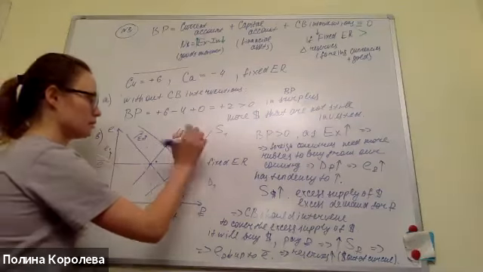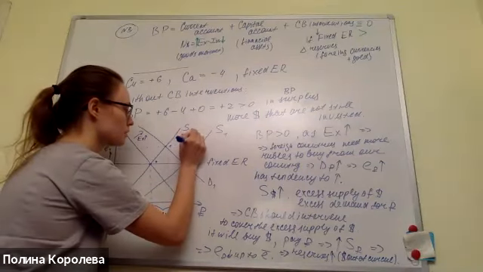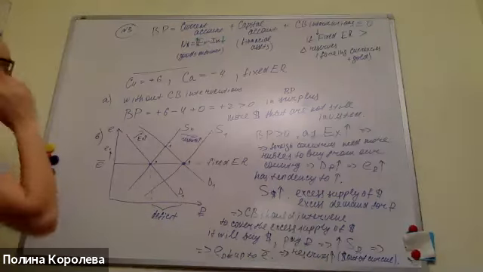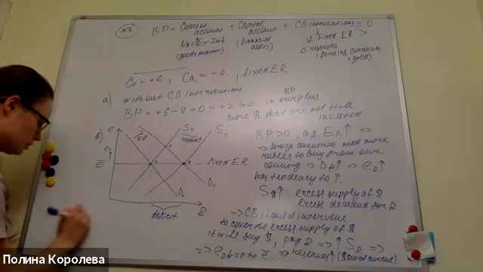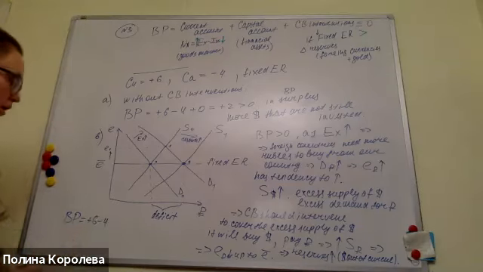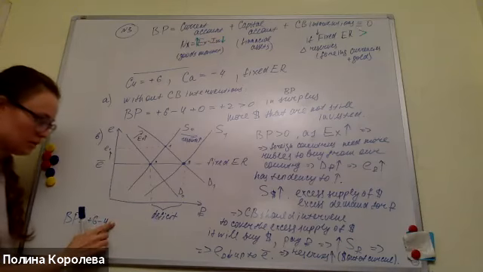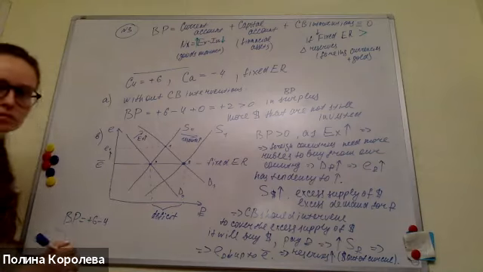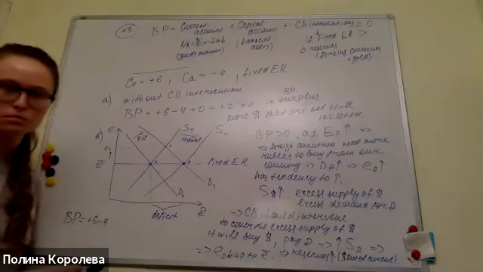So here name that reserves increase. The balance of payments now will be equal to +6 minus 4. And here, how much? What should I write about reserves? -2.